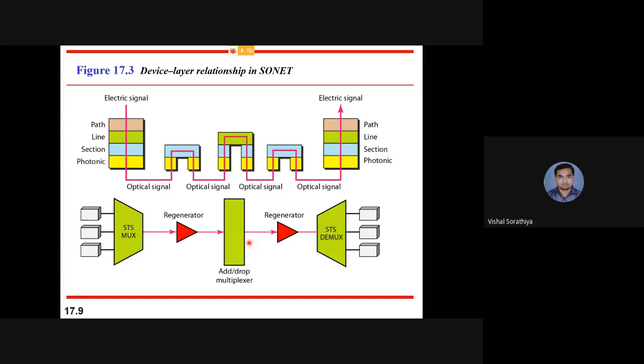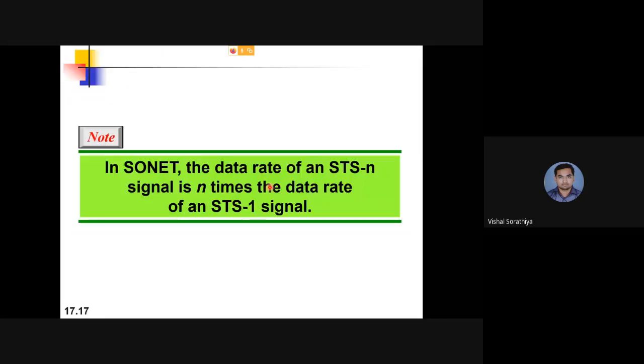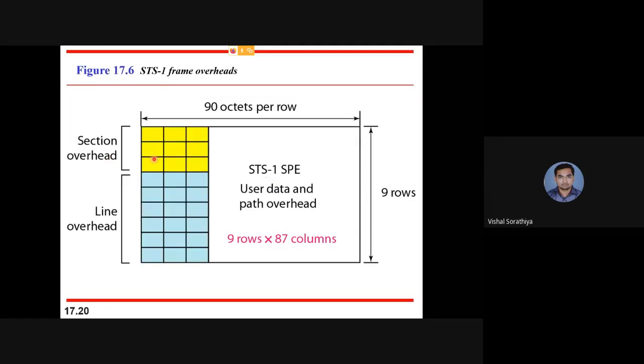Whenever it passes from a multiplexer to a regenerator, the section data might be changed. But the line data is changed when it enters the add and drop multiplexer. So from these names, you can get the idea that the section is modified at the regenerator level, while the line data is changed at the add and drop multiplexer level.